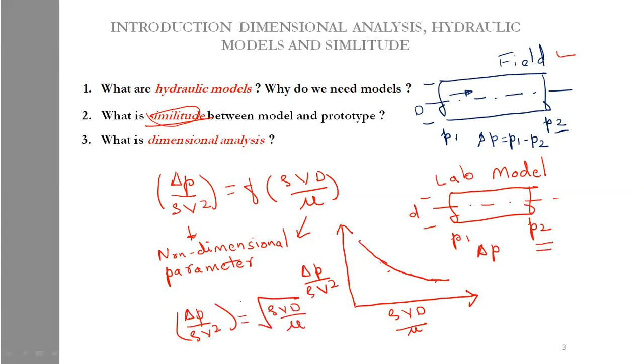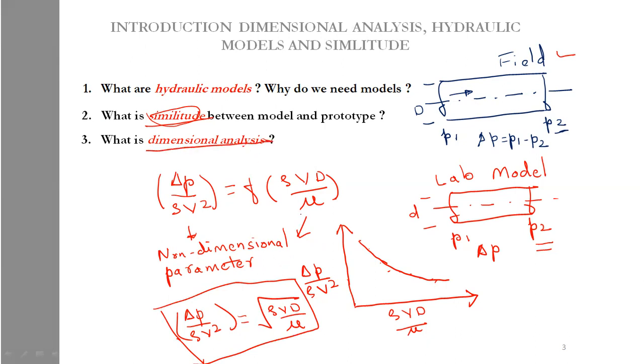I am just assuming that we get such a relationship. Now this relationship is valid for any size of pipe, any dimensions of the problem in the field. So we have made an equation which is scale free, free from dimensions. This particular procedure is called dimensional analysis.